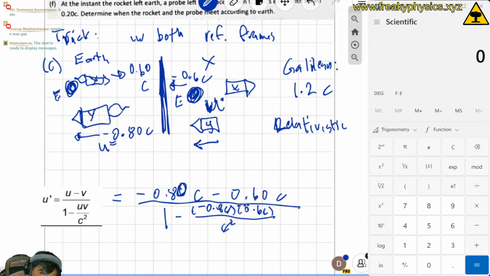The c squared cancels out. Let's put that in the calculator. That's going to give us negative 1.2 c, but we're going to divide that by 1 minus, what's 0.8 times 0.6? 8 times 6 is 48, so 0.48.